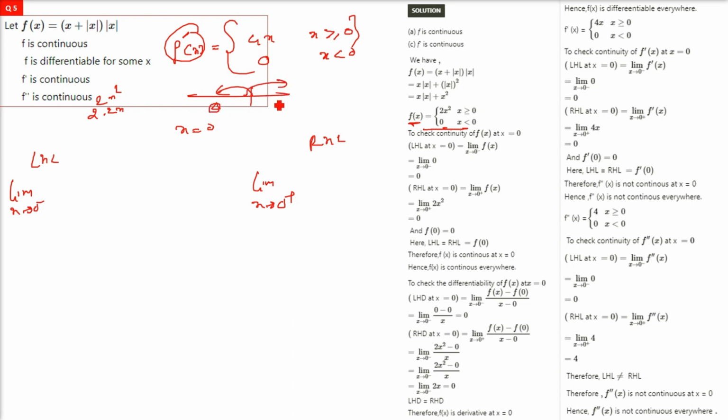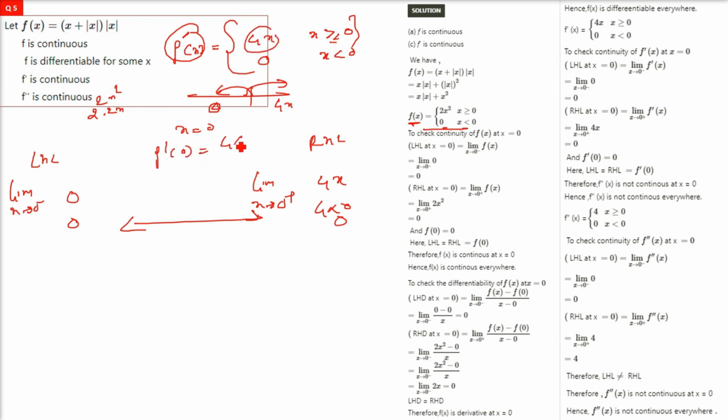When you go on the right, you have to use the function as 4x. So you have a 0 and 4x. Now you can just apply the limit directly because there is no division by 0 form. So when you apply x as 0, left hand and right hand both are 0. That means the f dash is differentiable. When it is differentiable, it will be continuous also.